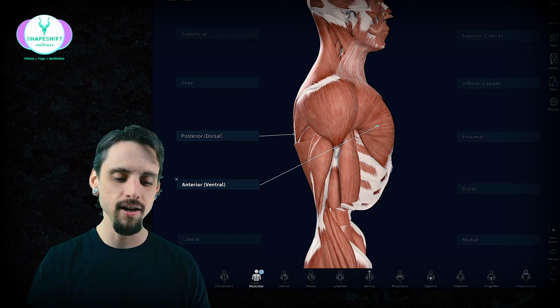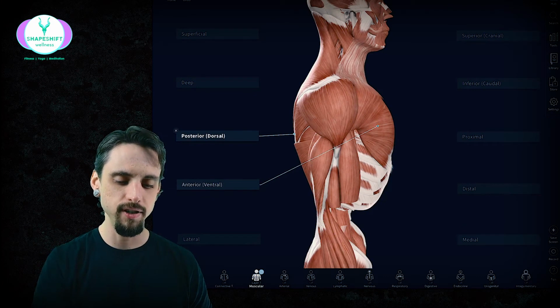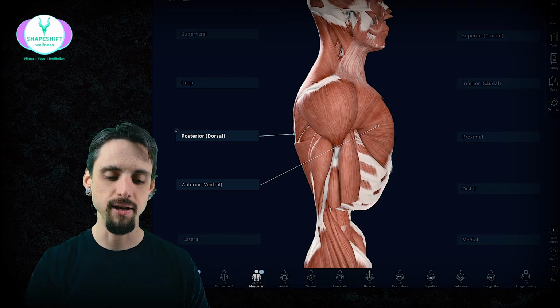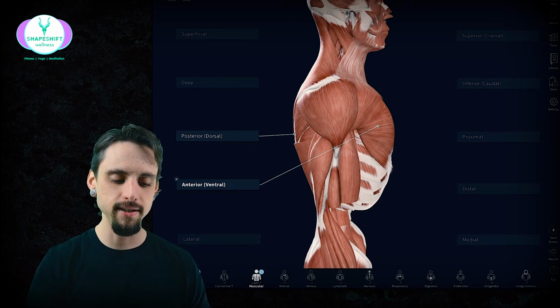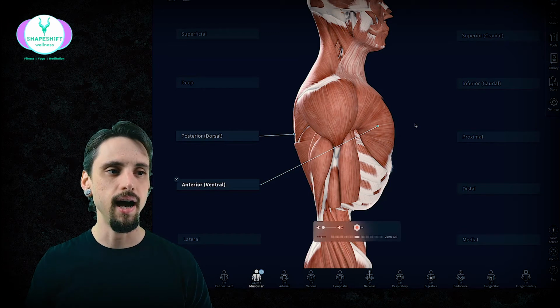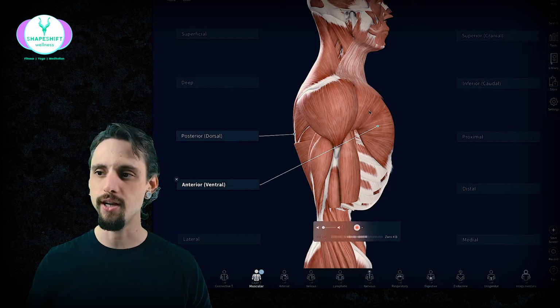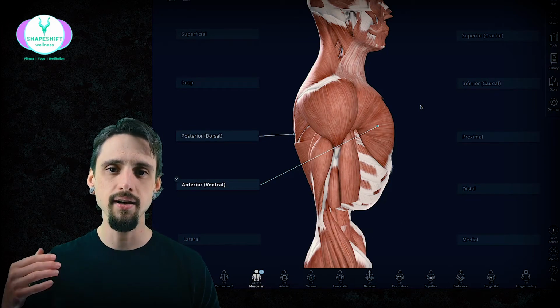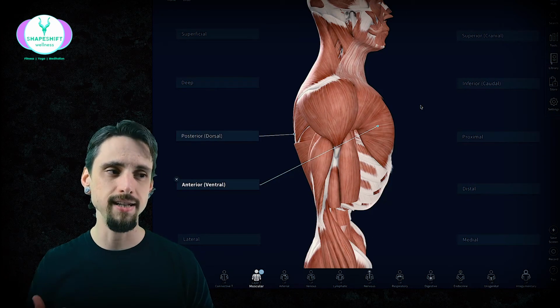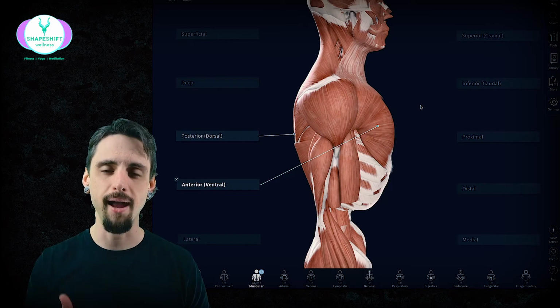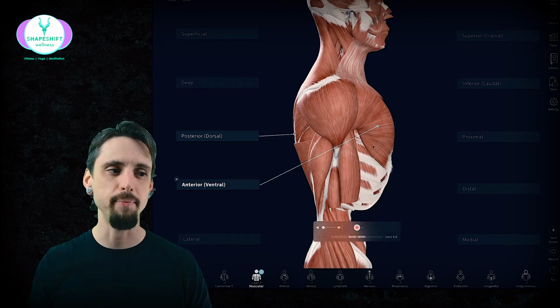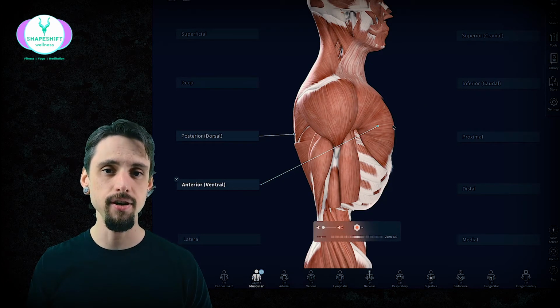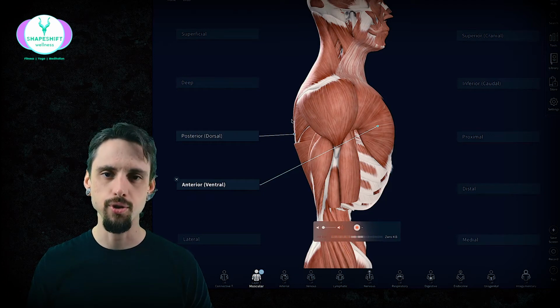In this case, posterior is pointing to some muscles on the back versus anterior, where this arrow is pointing to the pec major muscle. The shoulder blade is on the back, so the shoulder blade is posterior to the pec major muscle, and the pec major muscle is anterior or ventral to the shoulder blade.